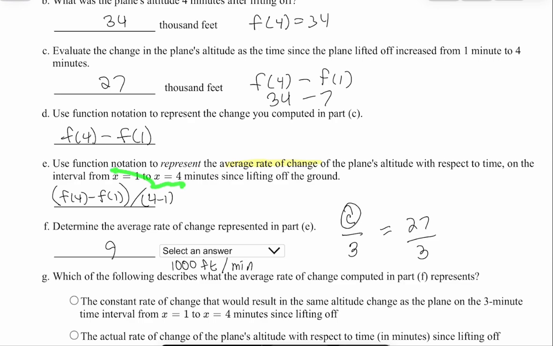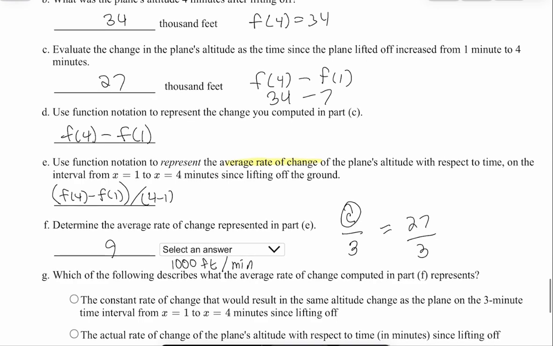It's just whatever you entered here. It's just the calculation of the difference in your minutes. So if your minutes were 4 and 1, do 4 minus 1. If yours is 5 and 1, do 5 minus 1. I've seen it where it's 5 and 1, so you have to divide by 4. I had to divide by 3. And what does that tell us?